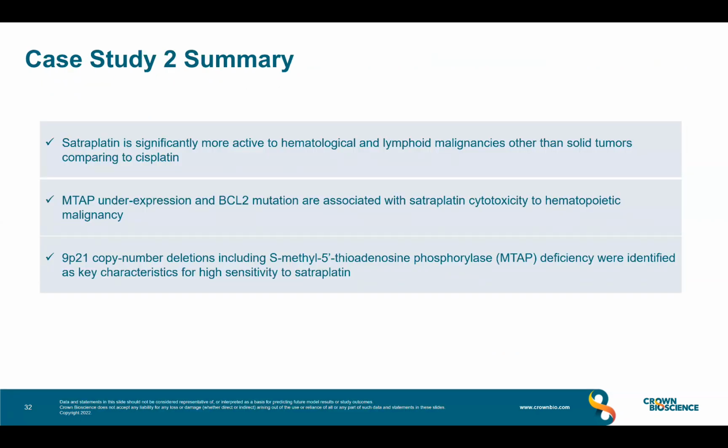In the second case study, we confirmed that satraplatin is significantly more active against blood cancers than solid tumors, compared to cisplatin.